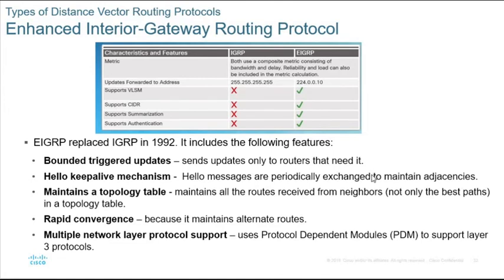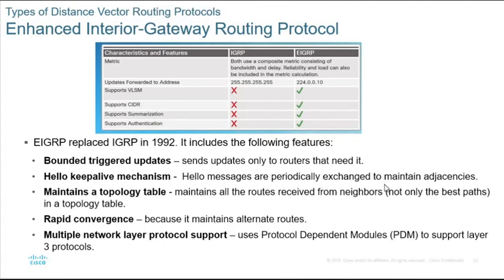So it doesn't flood your line with periodic updates, even if that particular router does not need any update because there are no changes in the topology. Next, it uses hello messages to maintain adjacencies.